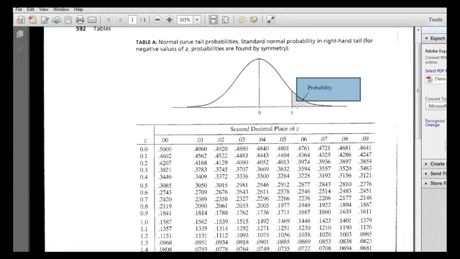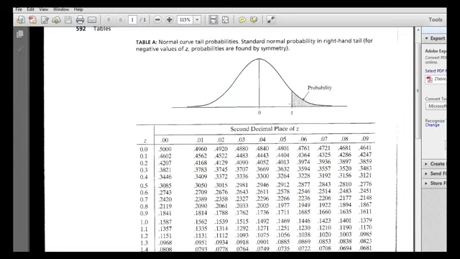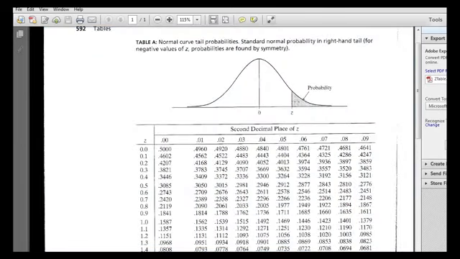And that's what we got, this gray area. So we can think of the observations in here as the probability of picking an observation randomly and it's in here, or the proportion of all observations that are in here. Okay? So the question is, where does that number come from?